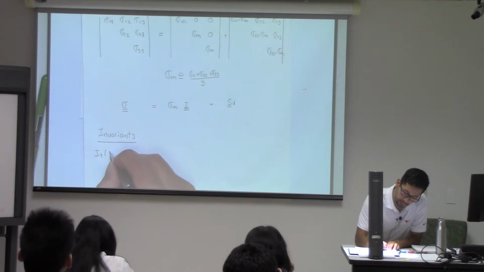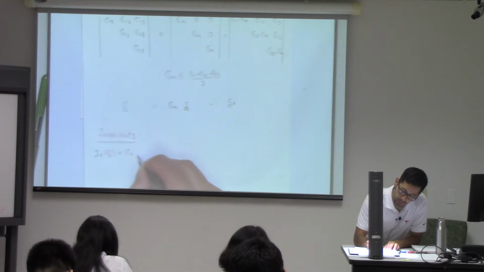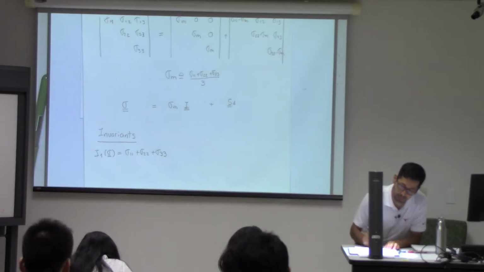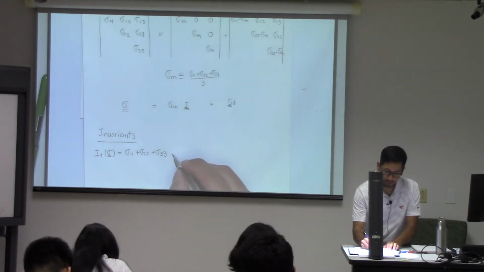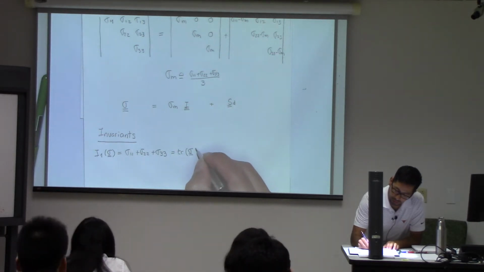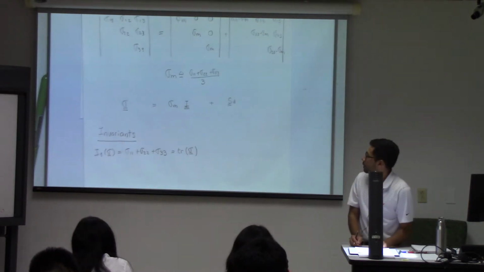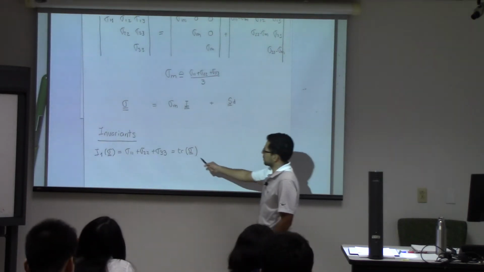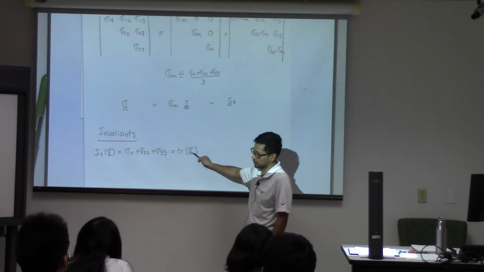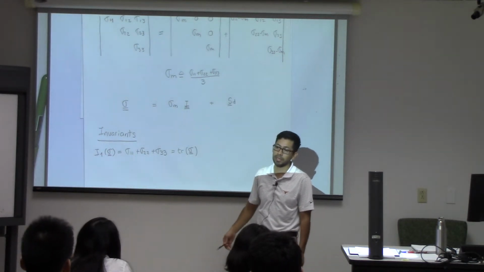Invariant number 1 is going to be the summation of the diagonal terms, also sometimes called the trace of the matrix. And it doesn't matter if this is the effective stress tensor in an arbitrary coordinate system, or if it is the effective stress tensor in the principal coordinate system, it's going to be always the same, because that's an invariant.